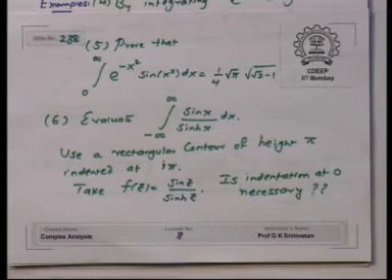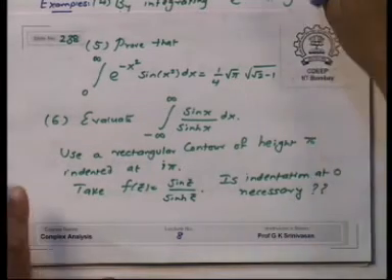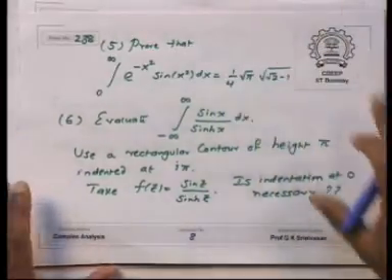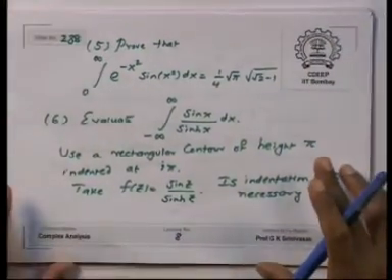When you see a hyperbolic function in the denominator, you will use a rectangular contour because the hyperbolic function has several zeros, no? Sinh z is 0 at 0, i pi, 2 pi i. So, if I take a semicircular contour, a large number of them will be inside and will be stuck. So, use a rectangular contour typically when you see hyperbolic functions in the denominator.